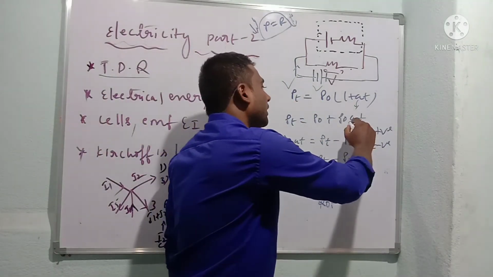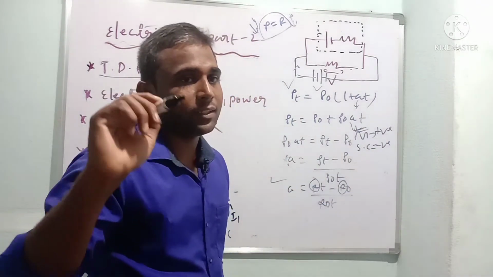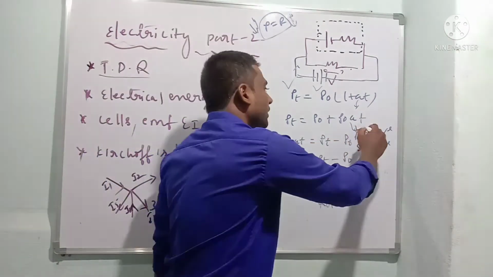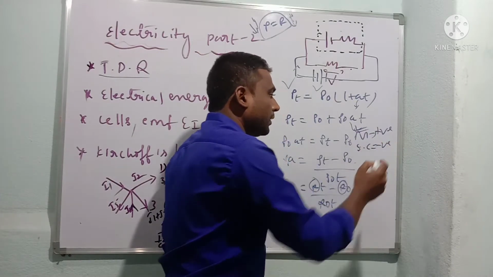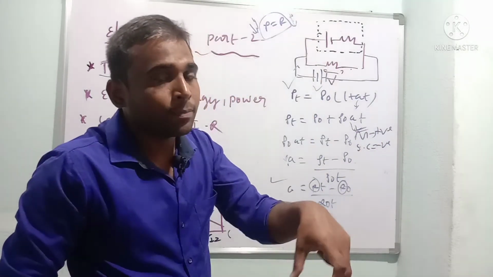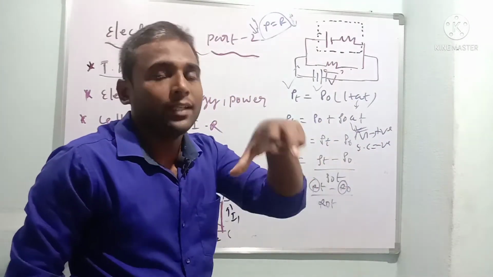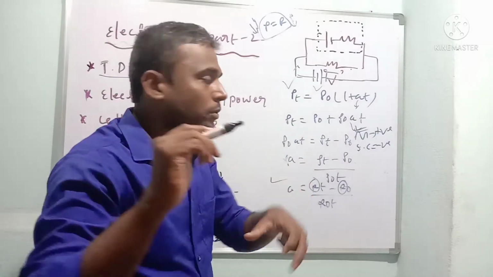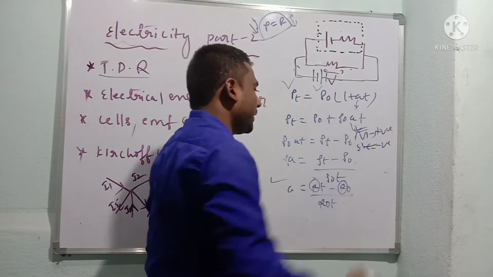Hence the coefficient of resistance in the case of metals is positive. In the case of semiconductors, resistance is decreasing. Something which is decreasing in our life is called negative. So for semiconductors it will be negative.